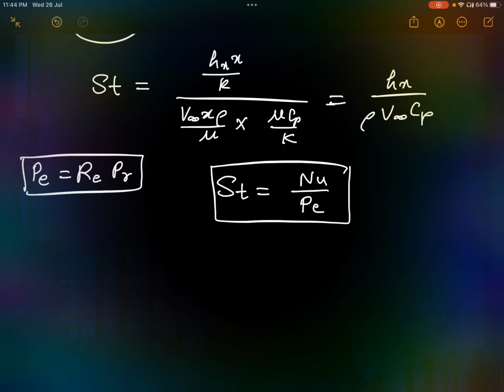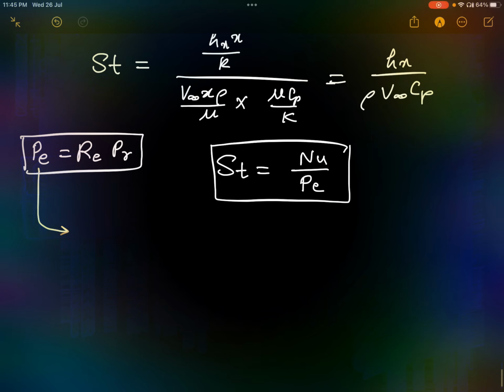What is the need to define the Peclet number here? The Peclet number is actually used in liquid metal cooling, and it is significant in liquid metal cooling of nuclear reactors. That's why we have defined it here. In some further session, I will explain the significance of all these numbers and how we can use them.